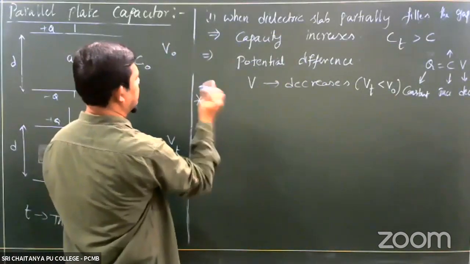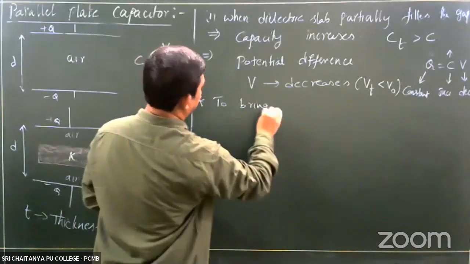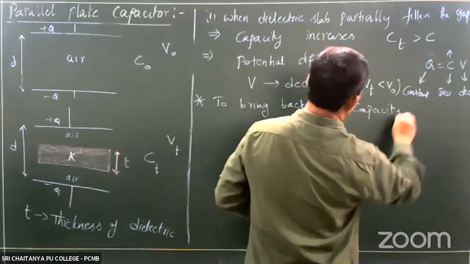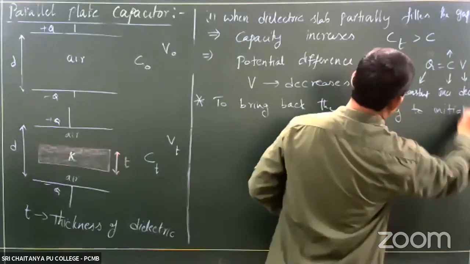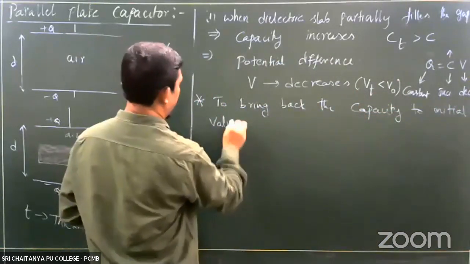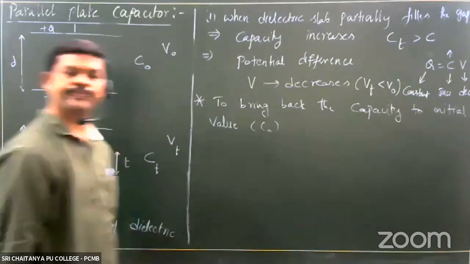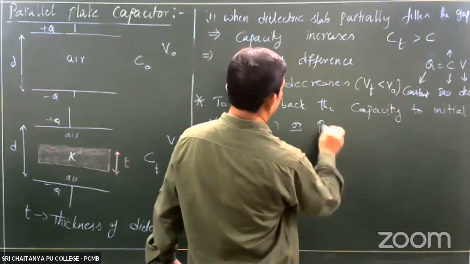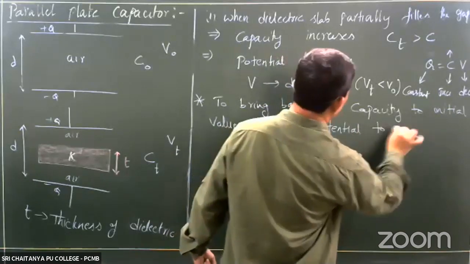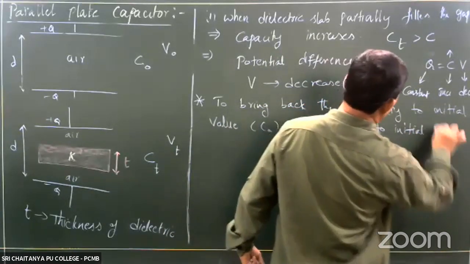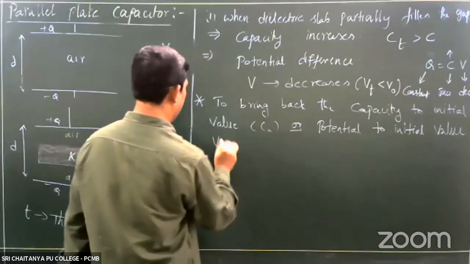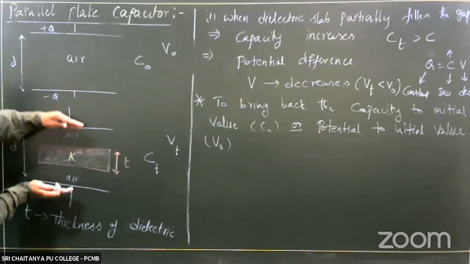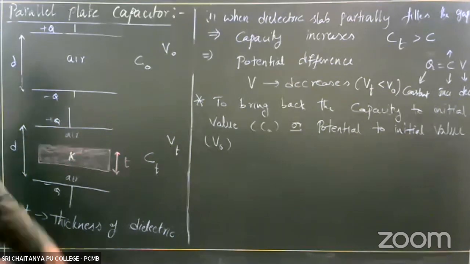The question they asked is like this: to bring back the capacity to the initial value C naught, or the potential to the initial value V naught, how much should the separation be increased?